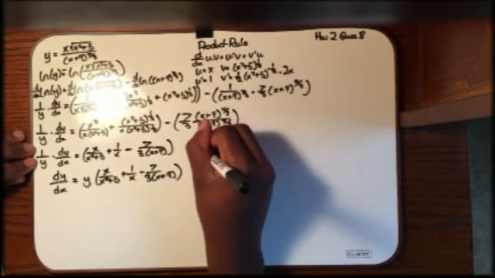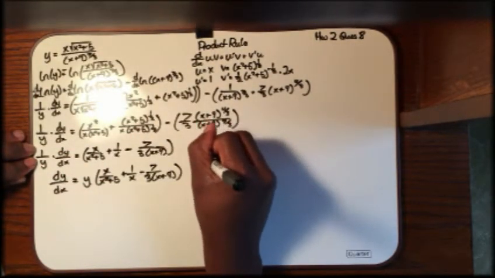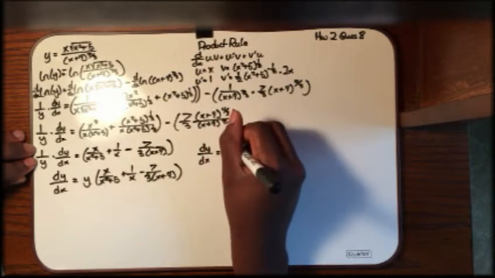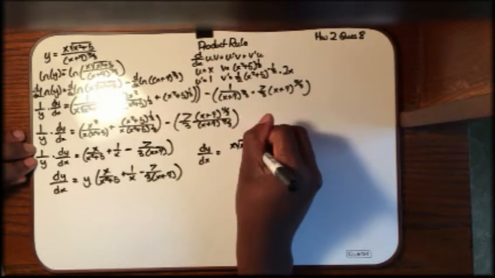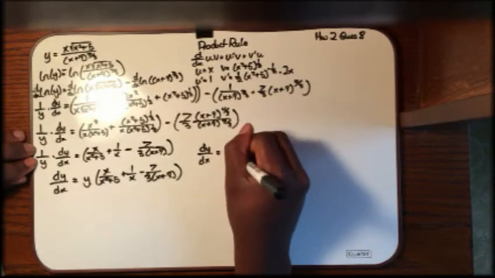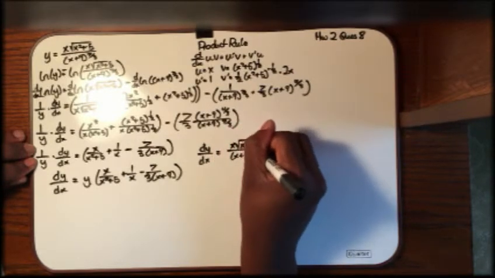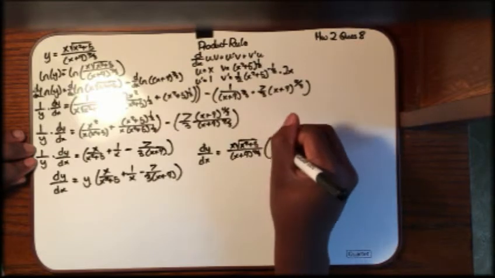Now we're not done yet. Technically, dy over dx is equal to y times x over x squared plus 5 plus 1 over x minus 7/3 over x plus 9.